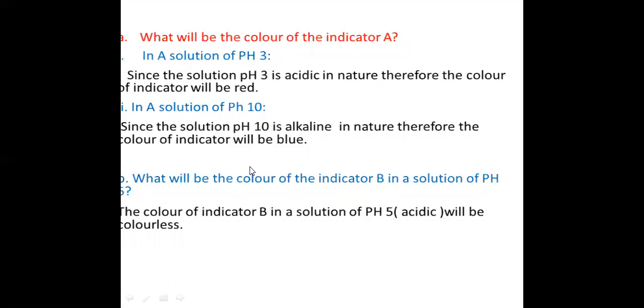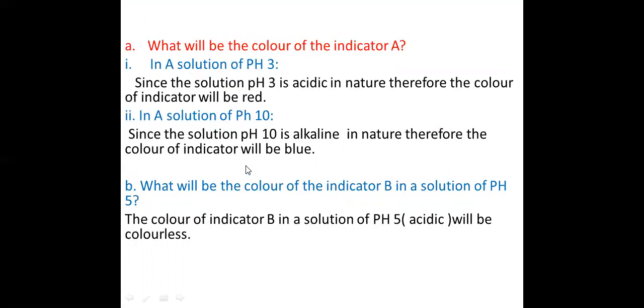So what will be the color of indicator A in a solution of pH 3? pH 3 is acidic in nature, therefore the color of indicator will be red. And indicator A in alkaline solution is blue in color. So in a solution of pH 10, the solution is alkaline in nature, therefore the color of indicator A will be blue.